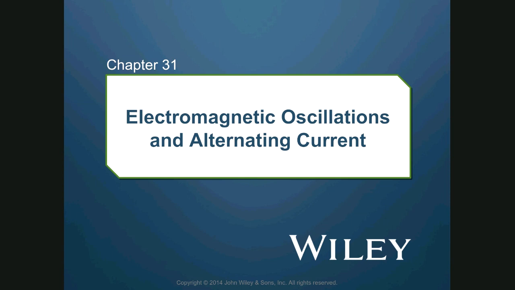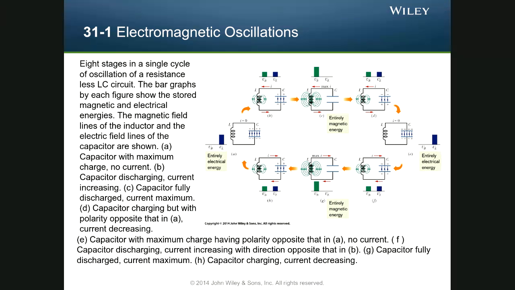So after we get through all the learning objectives, we're carrying on with our conversation from our last class, from just a few seconds ago, where we talked about the energy of a magnetic field stored in the magnetic field and the energy stored in the electric field.